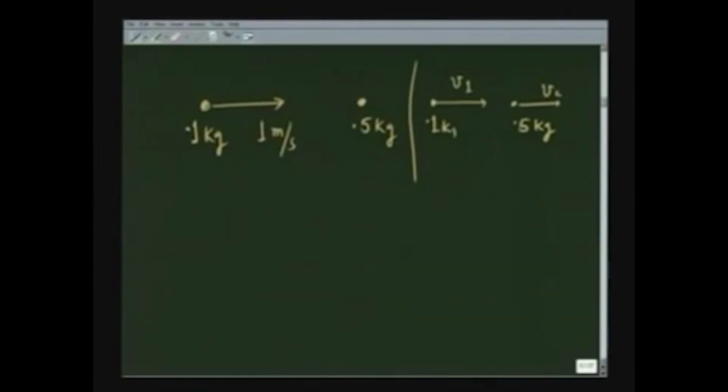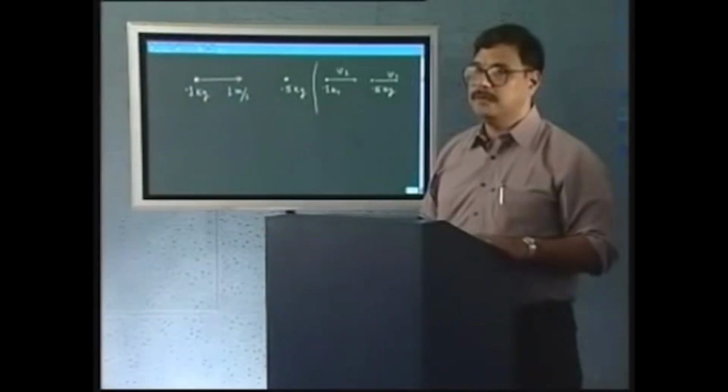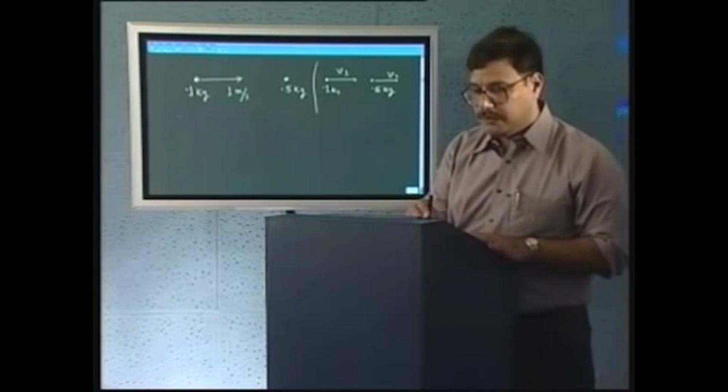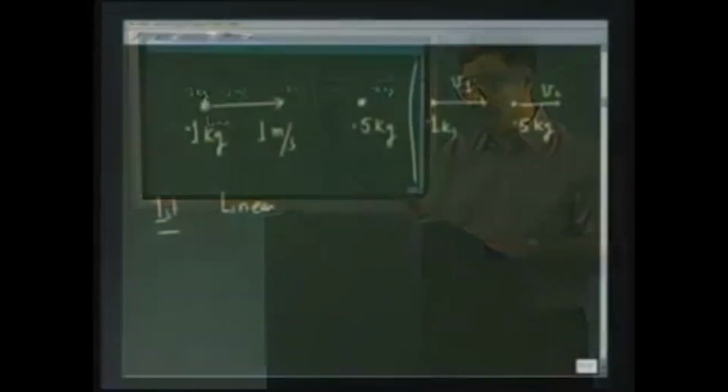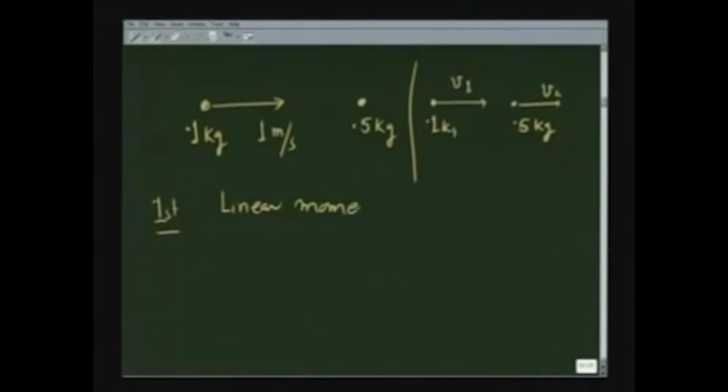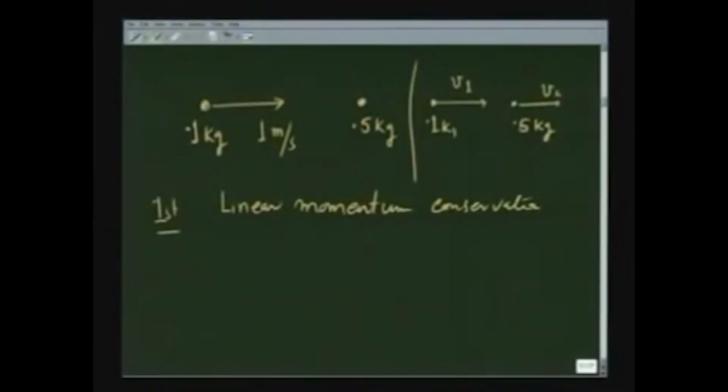Although you may have seen this problem in the past, it does not hurt to solve a simple problem to start with. So, first I apply linear momentum conservation. Because there is no external force, these things are moving in a horizontal plane.